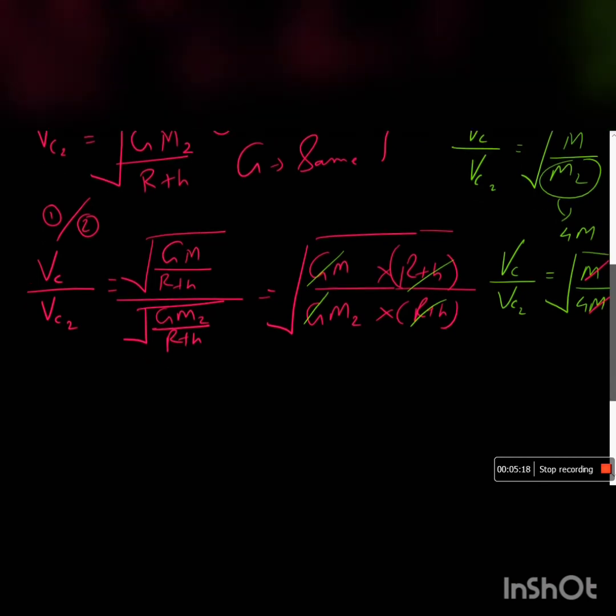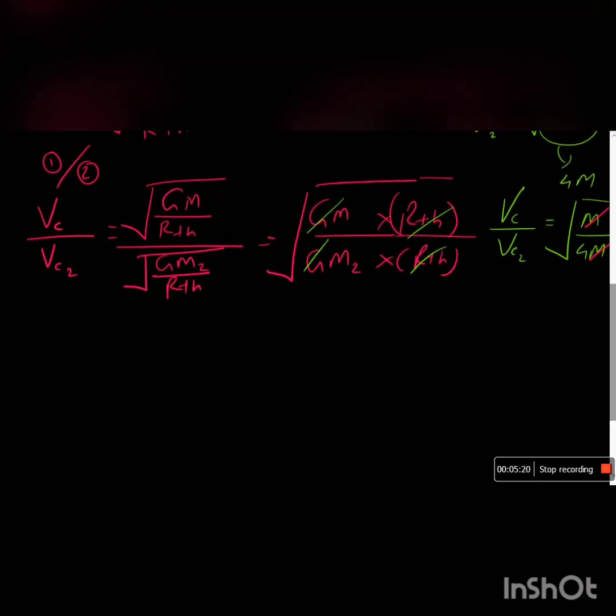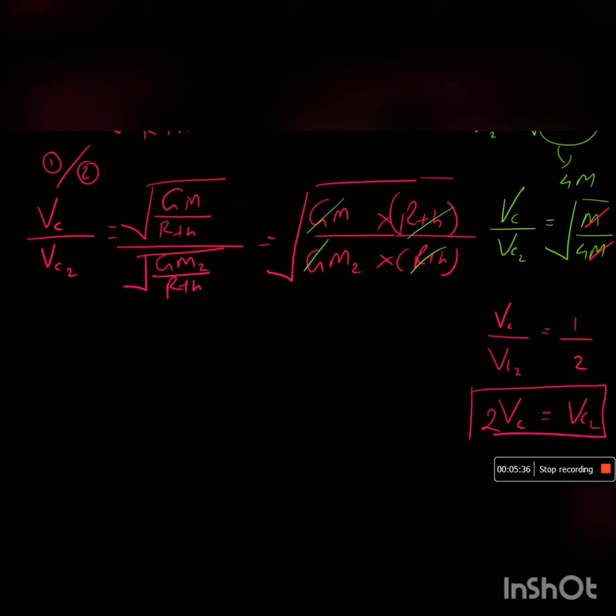So what we get is critical velocity in case 1 upon critical velocity in case 2 equals square root of 1 upon 4; square root of 1 is 1, square root of 4 is 2. Critical velocity in case 2 is 2 times critical velocity in case 1. This is important.